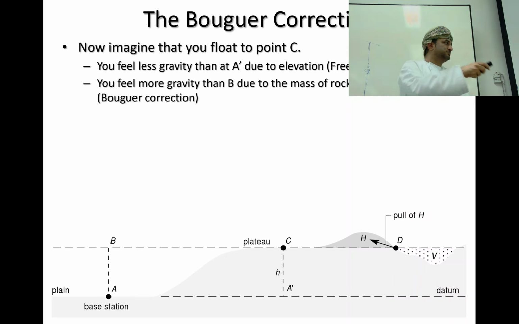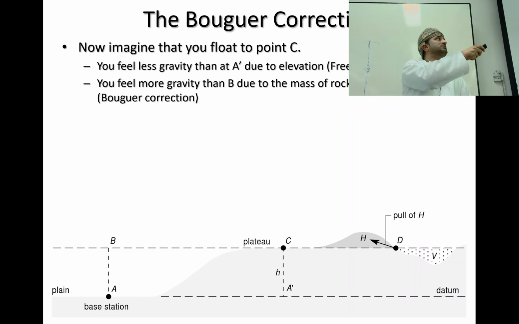It decreases because I moved up. That's free air. I moved to this level, so I need to apply free air correction. It increases because there is also extra mass, a mass which is not of interest to me.